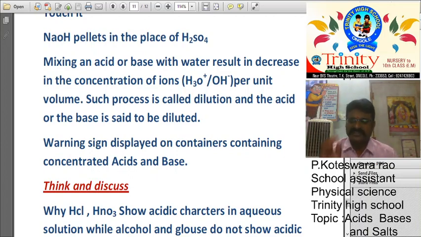It is very dangerous. It will produce a lot of heat, and splashes will come out, and it can cause severe burning because of local heating. Because of local heating, the test tube may burst.